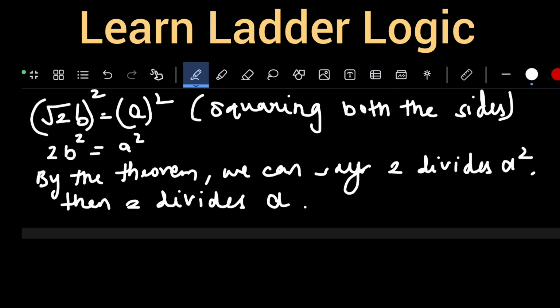So now, when we know that 2 divides a, I'll write a as a is equal to 2c. Let us assume a is equal to 2c.